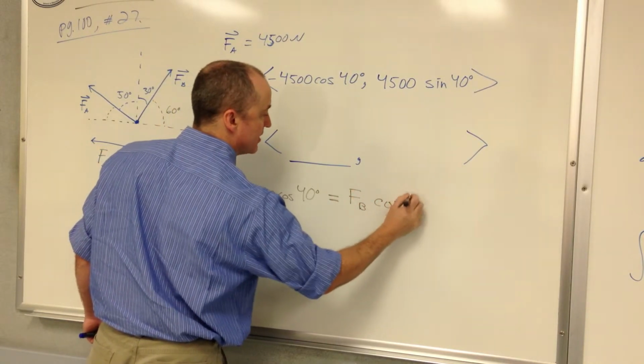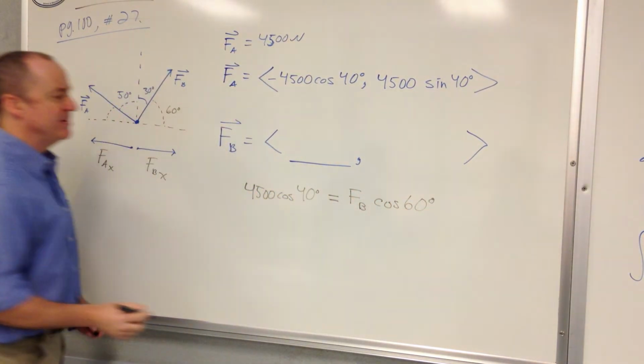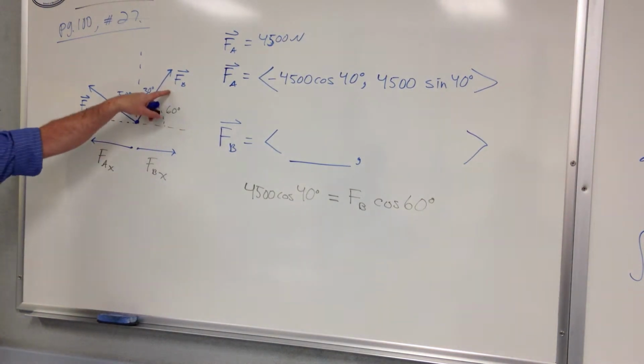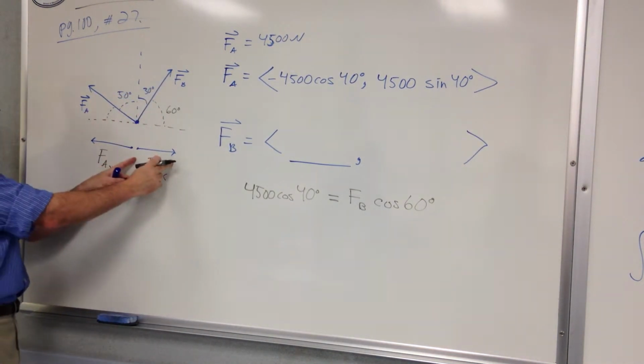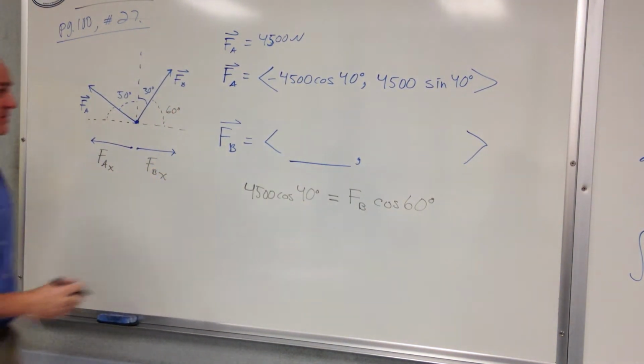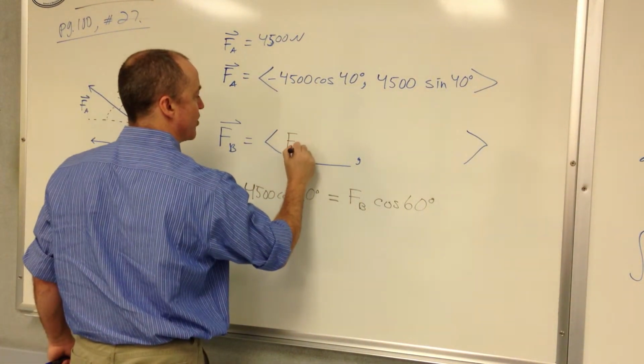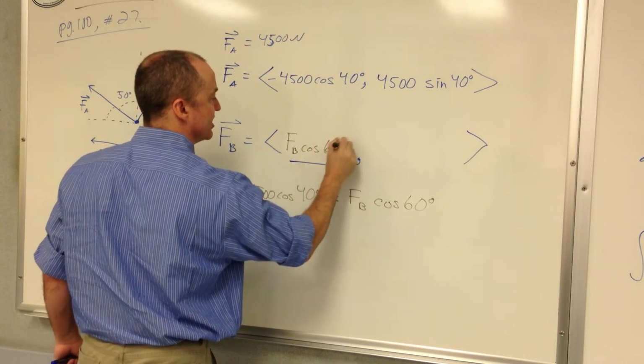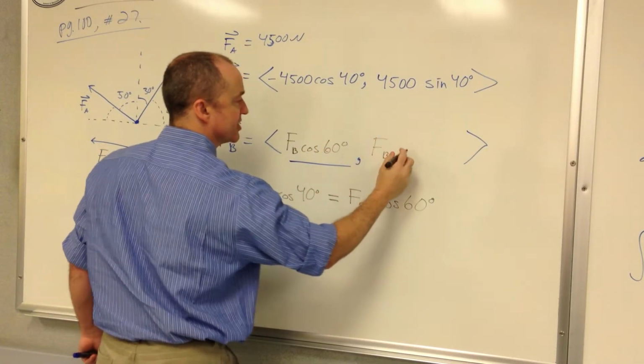So if we'd been given force sub B, we would have found this by doing force sub B cosine 60, right? So it's force sub B cosine 60 degrees, force sub B sine 60 degrees.